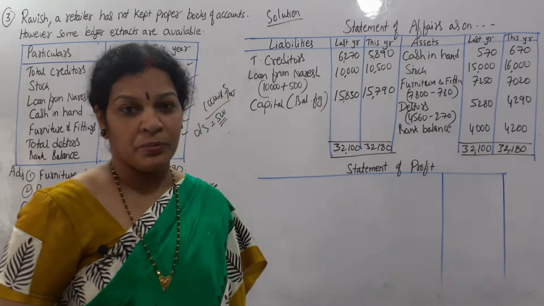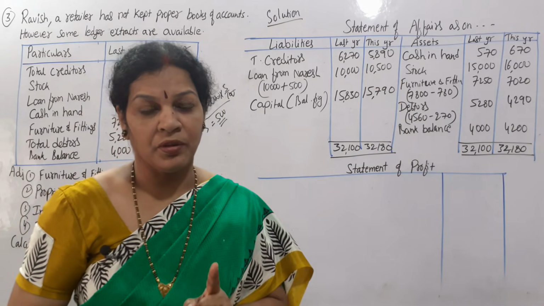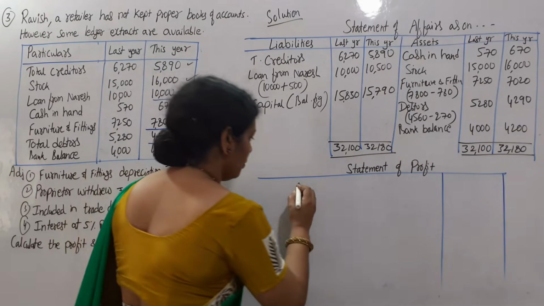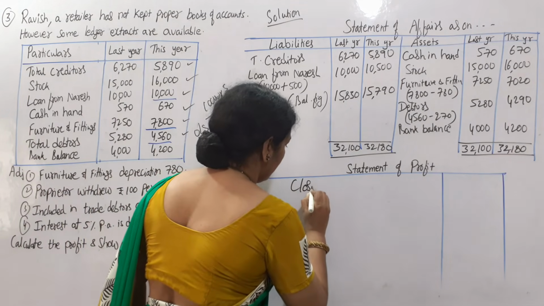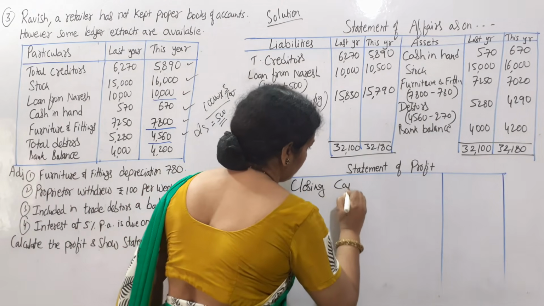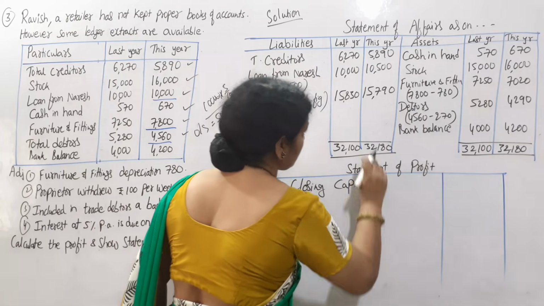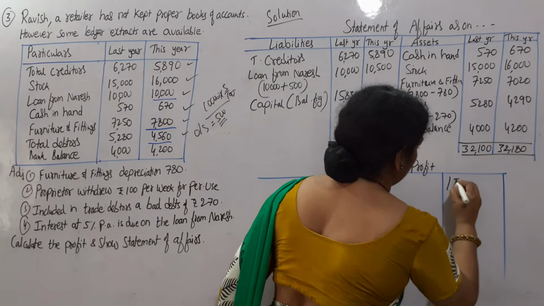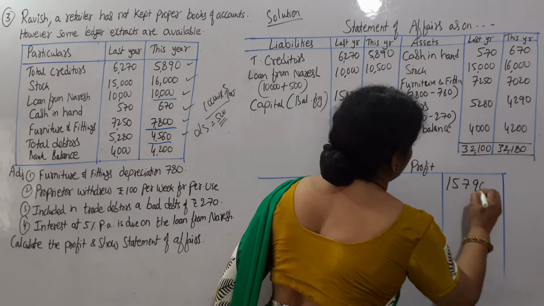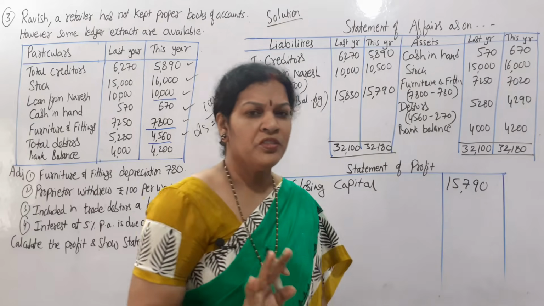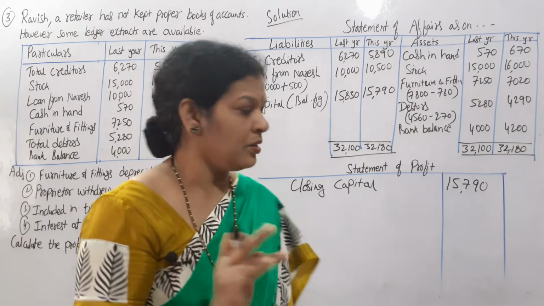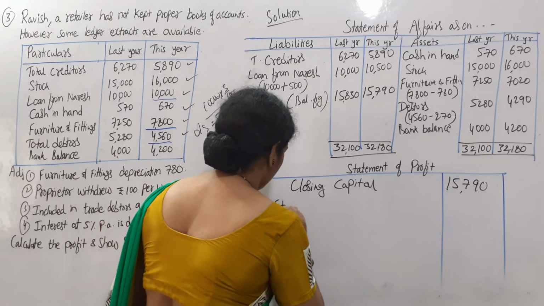Now coming to the statement of profit. Statement of profit always starts with the closing capital. So we'll start with the closing capital. Just now we got closing capital 15,790. What is the format? Take closing capital, add drawings.